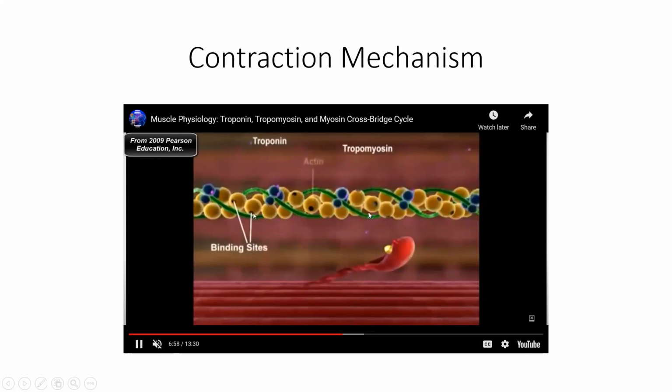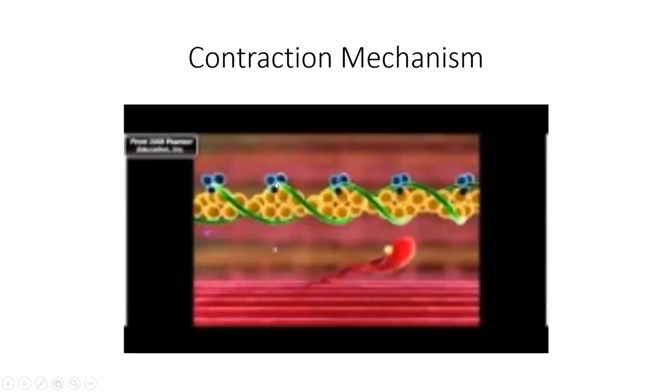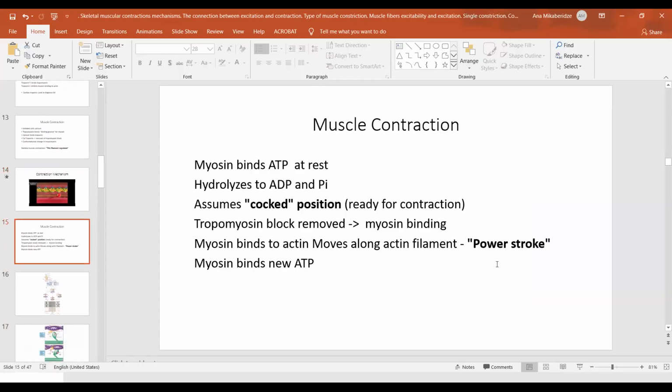Here are our binding sites for the myosin head, so that the myosin is now able to attach to actin, and this picture shows you where it actually attaches. Afterwards, certain things have to happen inside the muscle, and I'm going to explain them right now.